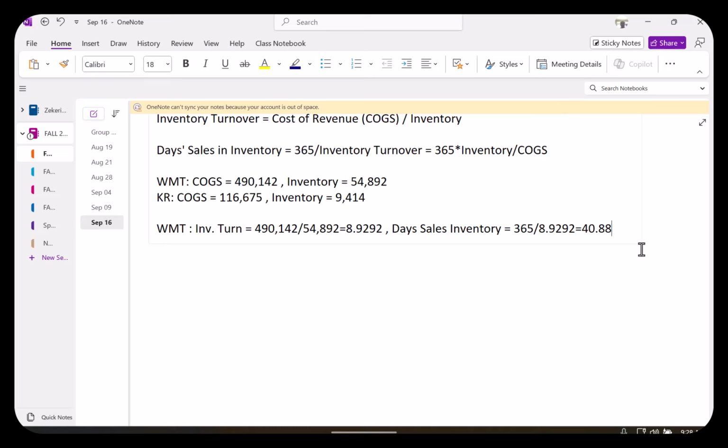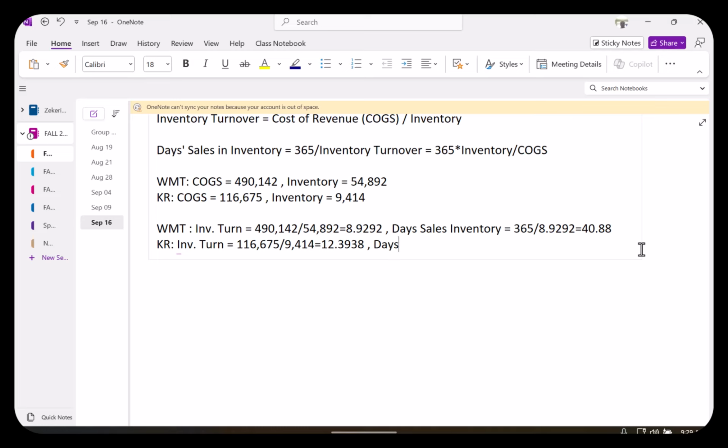How about Kroger? 116,675 divided by. So Kroger turns its inventory over much faster, or about 12 and a half times.